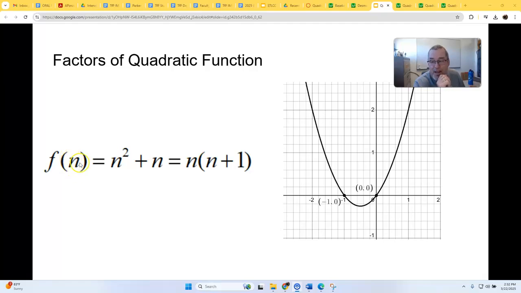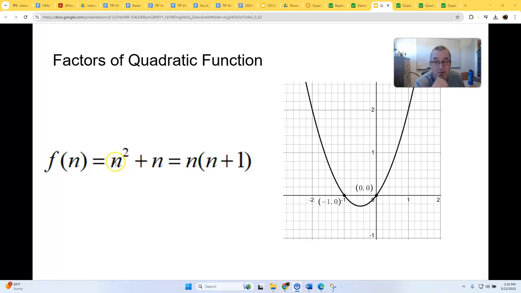What if you inputted a value for n and outputted a 0? So remember that quadratic that we've graphed now in Desmos, but here it is again. And notice there's 2 times that there's an input that outputs a 0. If you input a 0 for n, you output a 0 for the function value. Watch.